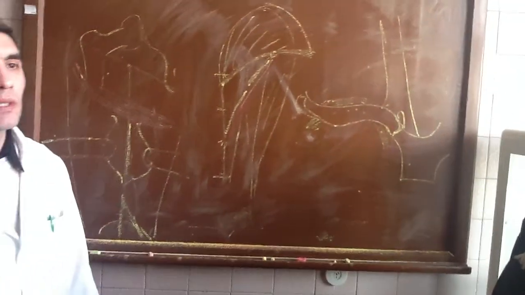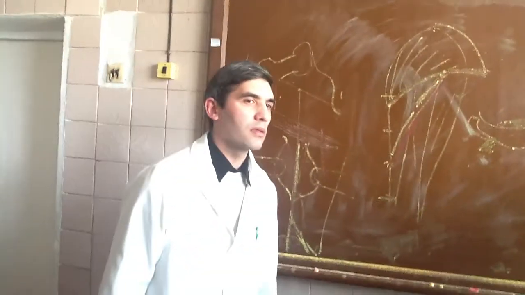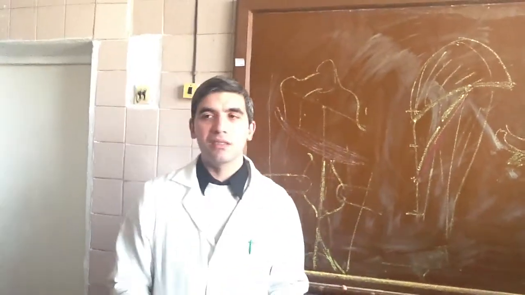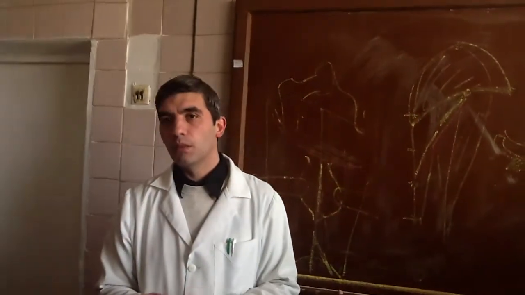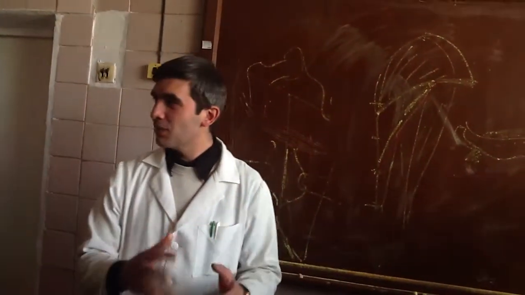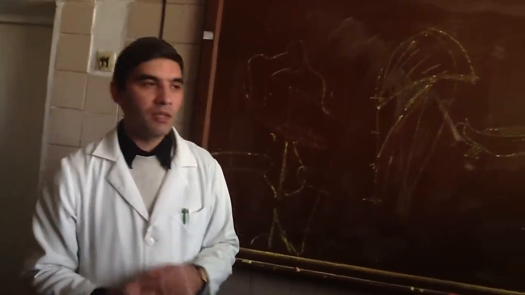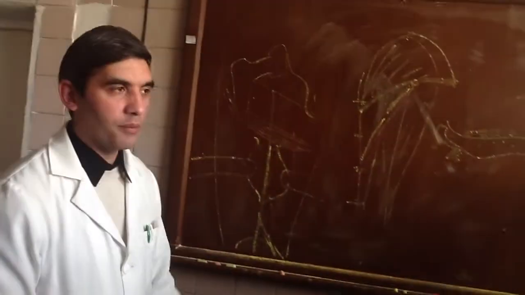Actually, there are many points for puncturing the subclavian vein, and all these points are divided into two groups. The points situated superiorly to the clavicle are called the supraclavicular approach, and inferiorly to the clavicle, the infraclavicular approach.